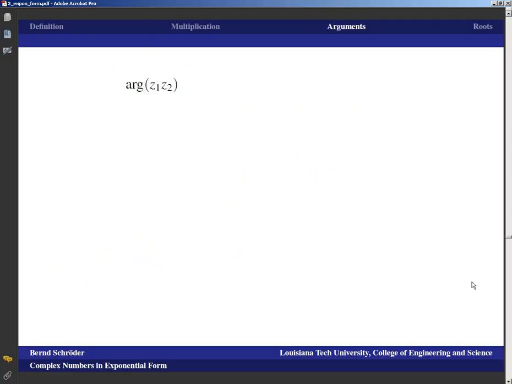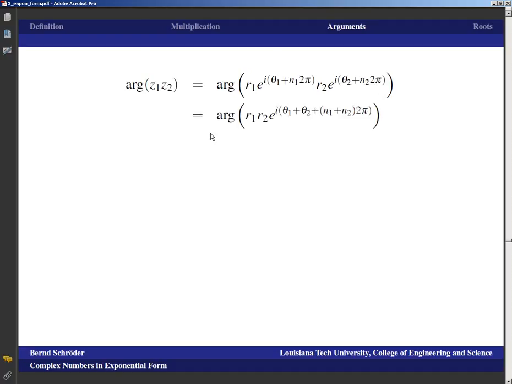Okay, now we want to talk a little bit more about arguments. If you look at the lowercase argument of two numbers z1, z2, well, z1 is r1 e^(i(θ1 + n1·2π)). Remember that the lowercase argument is only unique up to an additional multiple of 2π. And similarly, z2 is r2 e^(i(θ2 + n2·2π)).